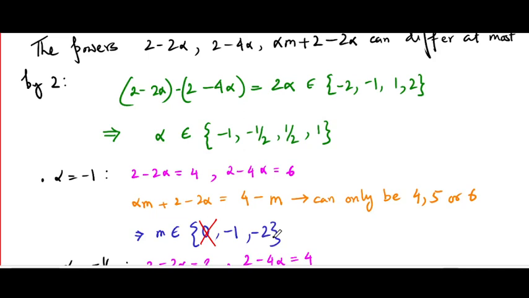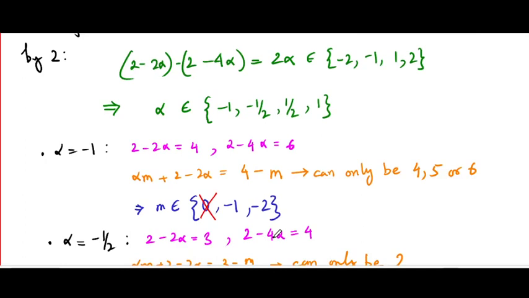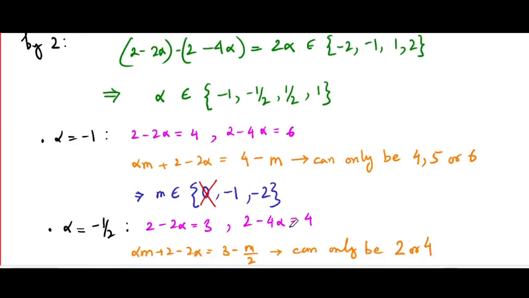Well, what about alpha equal to minus half? In this case, 2 minus 2 alpha is 3 and 2 minus 4 alpha is 4. Since we want the polynomial to be an even integer power times a quadratic, the only possibilities for the other coefficient, alpha m plus 2 minus 2 alpha, that is 3 minus m by 2, are 2 or 4.